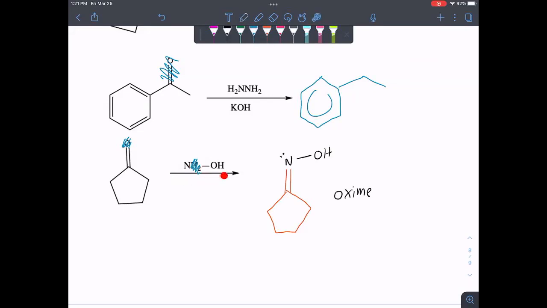And then this reagent is called a hydroxylamine. What's this reaction called? Just oxime formation.